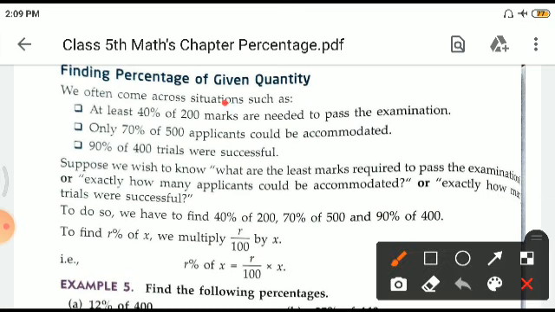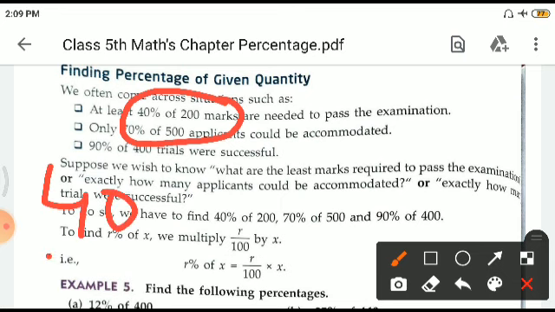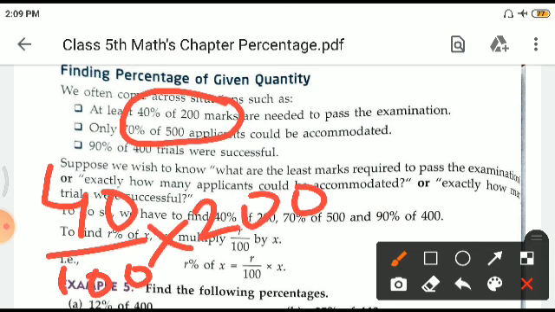You see this question here, at least 40% of 200. 40% of 200. That means 40 upon 100 into 200 is equal to how much?